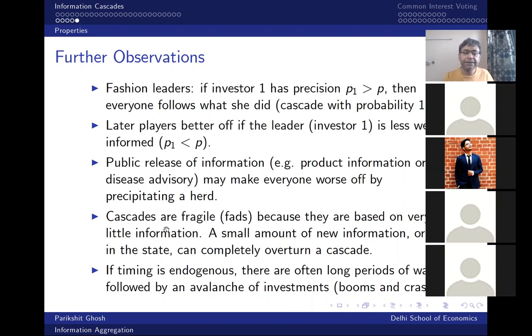Another thing is that cascades can be fragile, or fads can be fragile. You can have a situation where large numbers of people are doing the same thing, right? And you often see this in the cultural domain, for example. You have certain songs or certain dance routines on TikTok or what have you, which become very catchy, right?